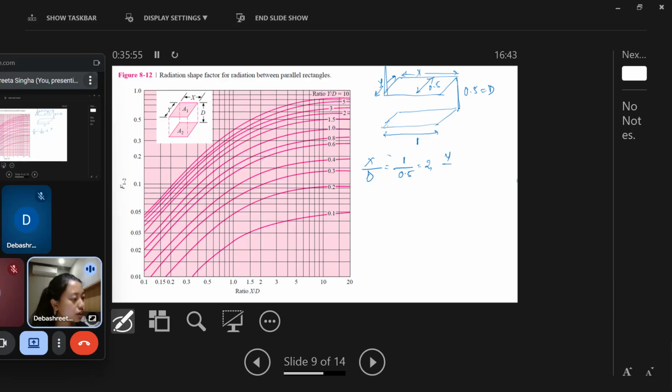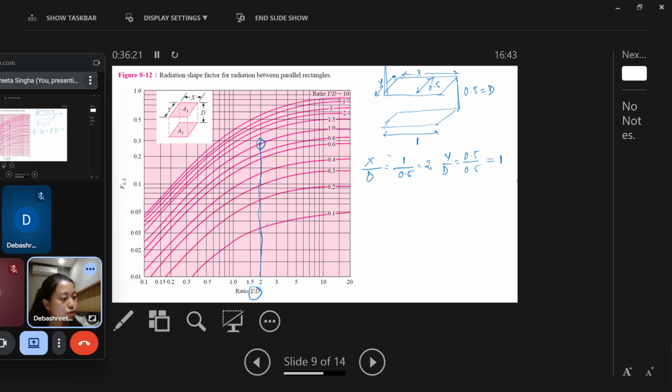In y by d we have 0.5 divided by 0.5, this is 1. So x by d is 2 and y by d is 1. So 2 is already here, and this is the point where it meets y by d equal to 1.